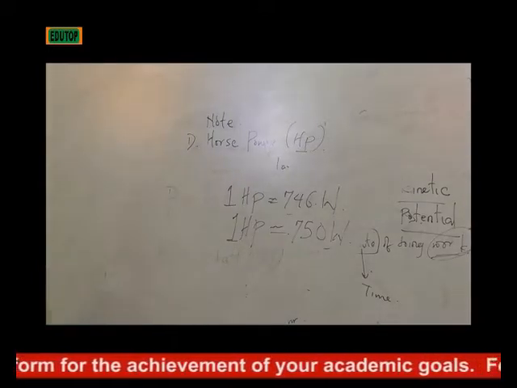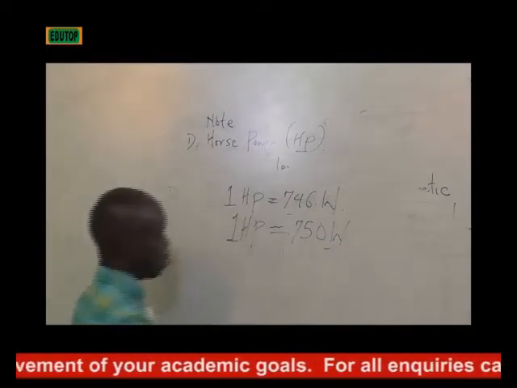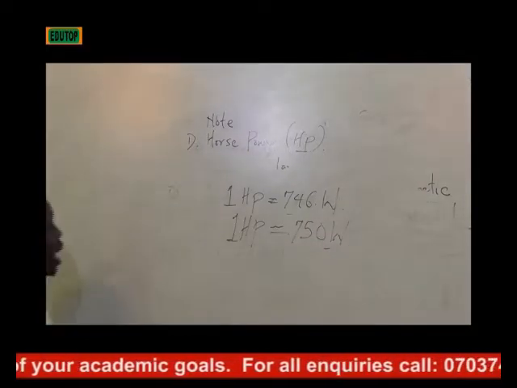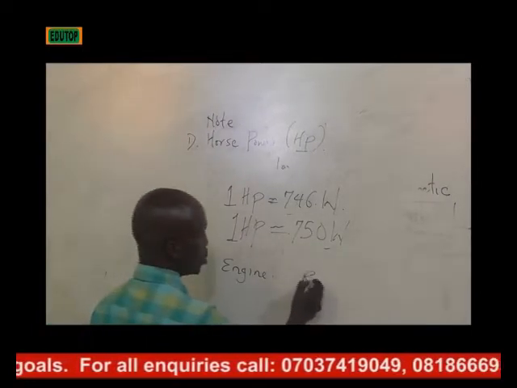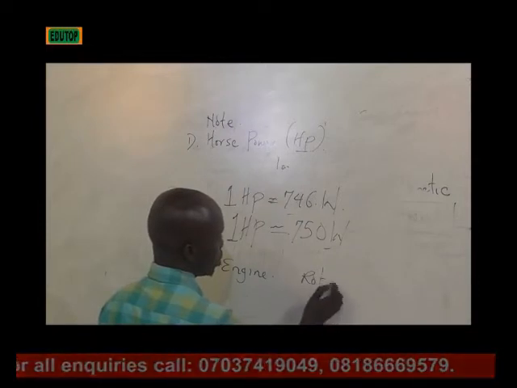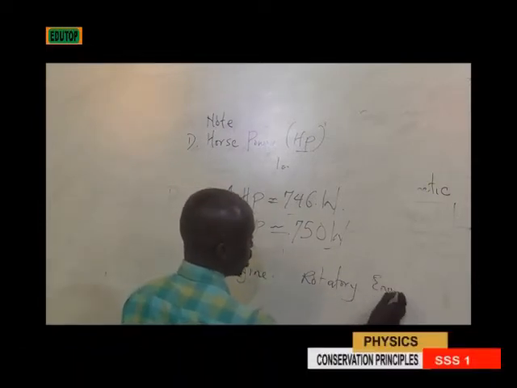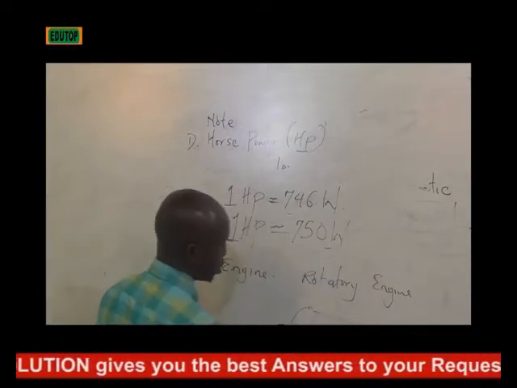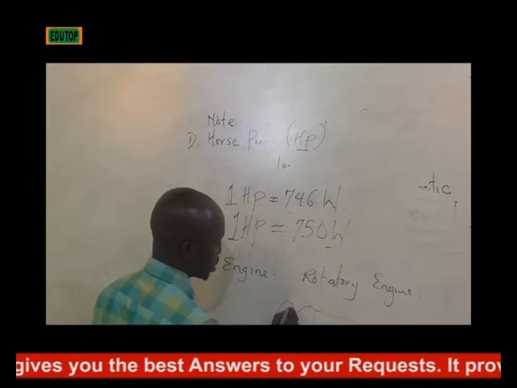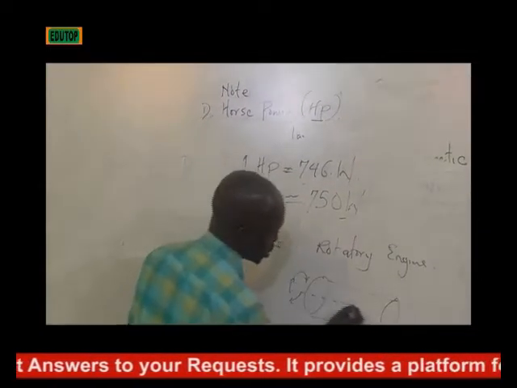So that is the description of power in terms of horsepower. Which means that if you have a particular engine, you might decide to go and buy an engine. It might be a rotatory engine. When I say a rotatory engine, that rotates about its axis, an engine that rotates. This is the axis of that engine.